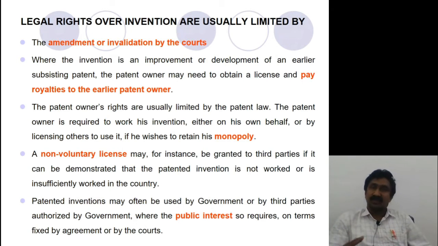In case of pandemics or other situations where life-saving medicines are required, if it is not readily available in the market at a fair price, then the government can issue non-voluntary licenses to third parties or other pharmaceutical companies for producing that life-saving medicine or product, based on public interest. And this is a part of non-voluntary licensing, or compulsory licensing, by the government, which will supersede the exclusive rights of the patent owner.